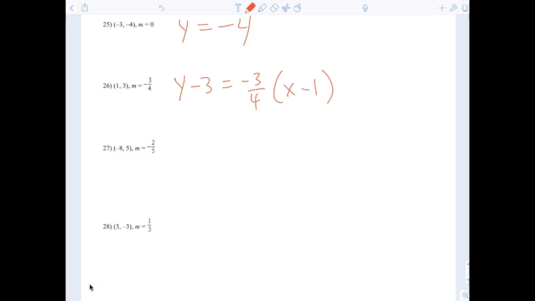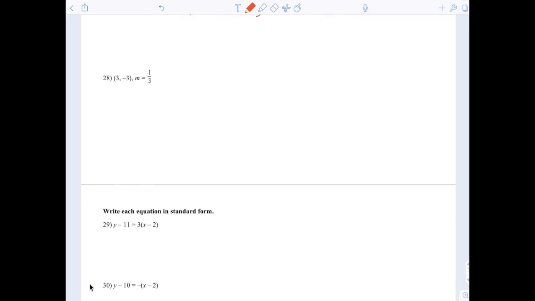Any issues? 27. Y minus 5 equals negative 2/5 times x plus 8. 28. Y plus 3 equals 1/3 times x minus 3. Everybody happy with that? Pretty quick, pretty easy.